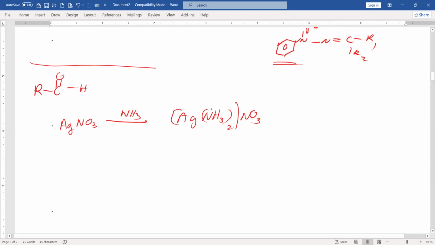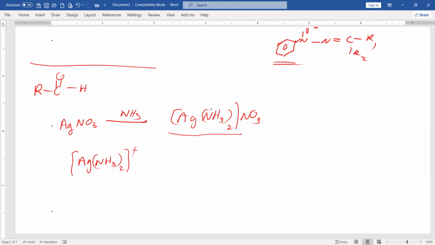There is a thing called complex ion equilibrium. No need to consider that, but this Ag amine complex is in equilibrium with Ag plus and NH3.